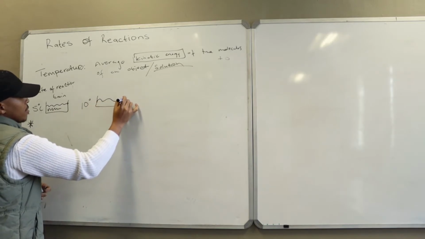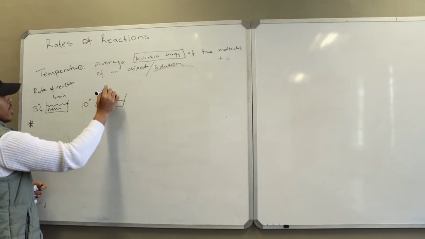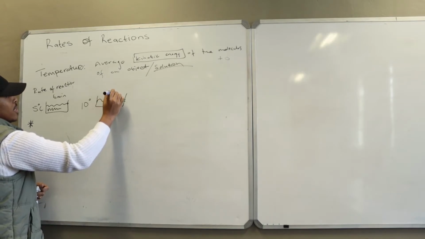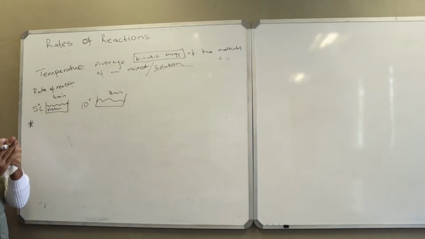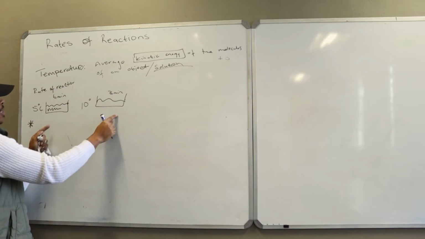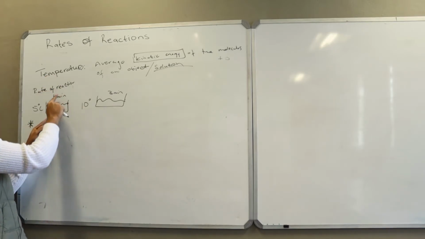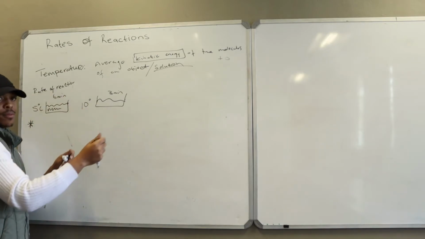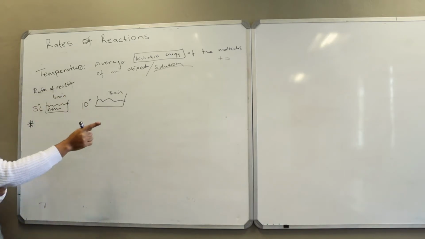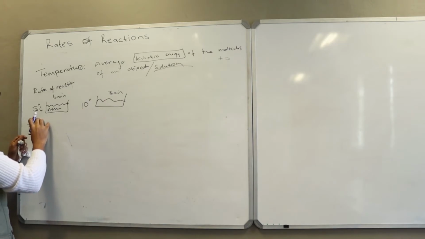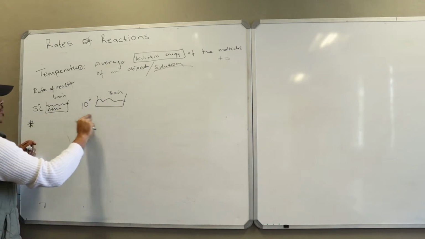Now we observe that the reaction takes place in 3 minutes. So what happened? How do we explain this? This is what collision theory explains. We changed the temperature, and it affected the rate of reaction. So what is happening? The rate of reaction has increased.